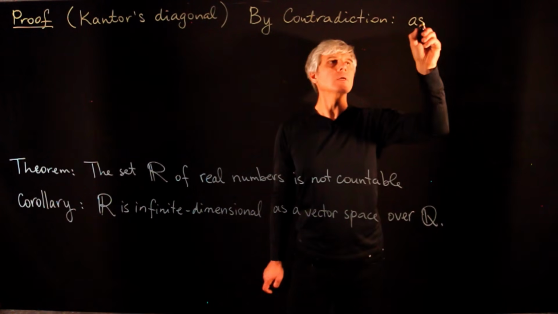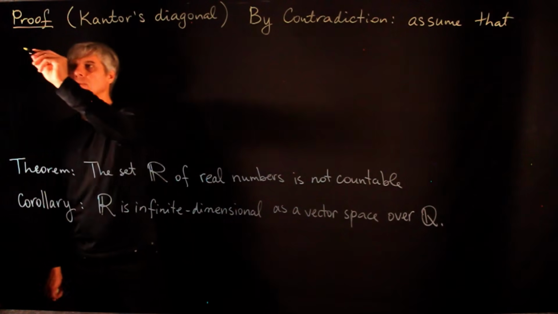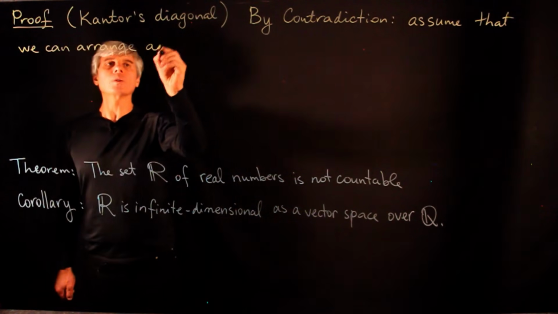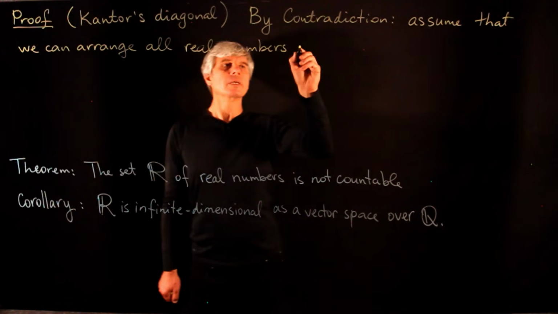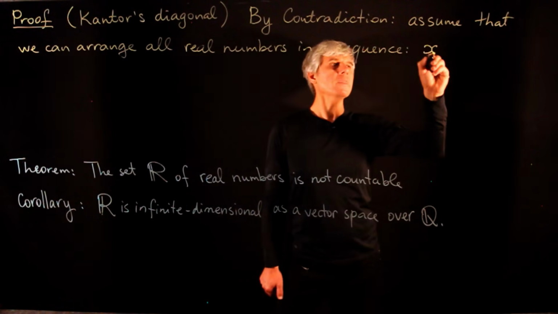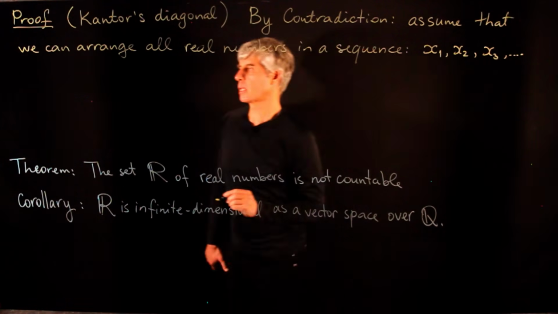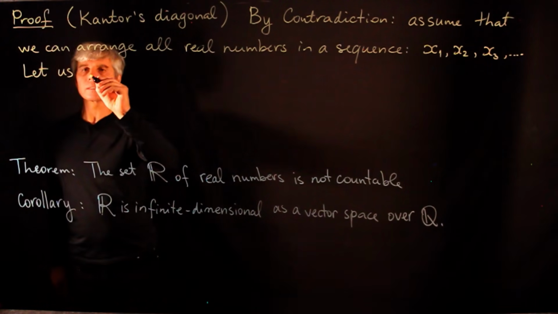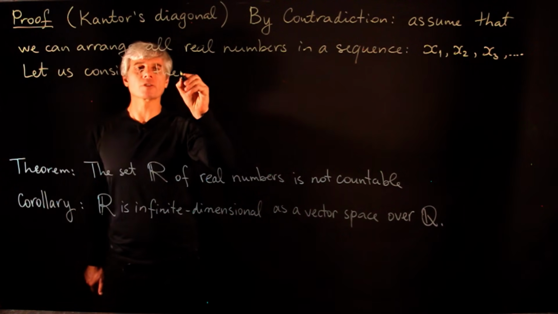So let's assume that we can arrange all real numbers in one sequence, x1, x2, x3, and so on. So let us consider their decimal expansions.